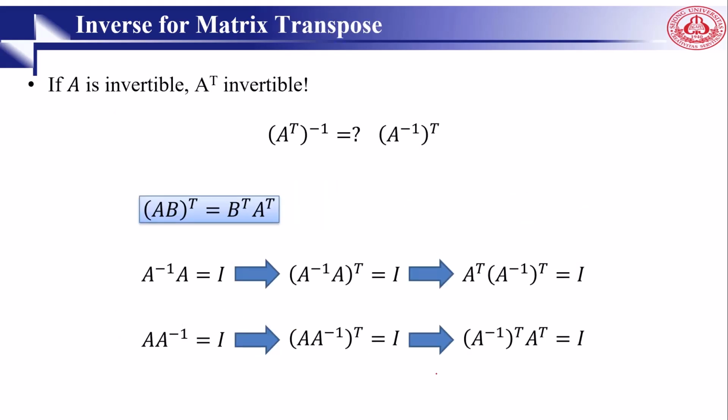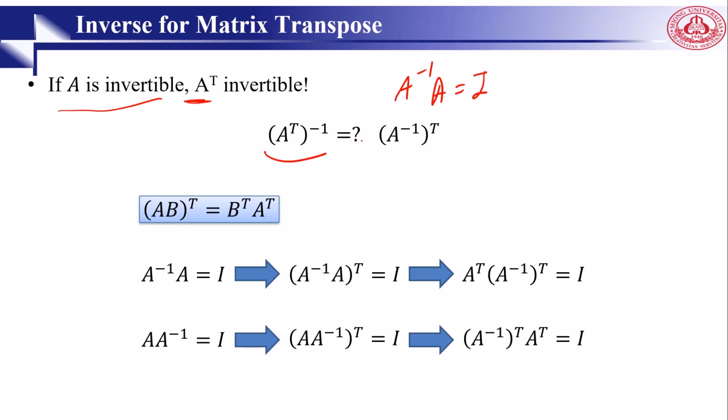If matrix A is invertible, how about its transpose? The transpose is also invertible, right? You are well aware that the transpose of a matrix involves flipping its rows and columns. We already know that A inverse multiplied by A is the identity matrix, and it means it is invertible. So now we want to check whether the inverse of A transpose is equal to the transpose of A inverse or not.